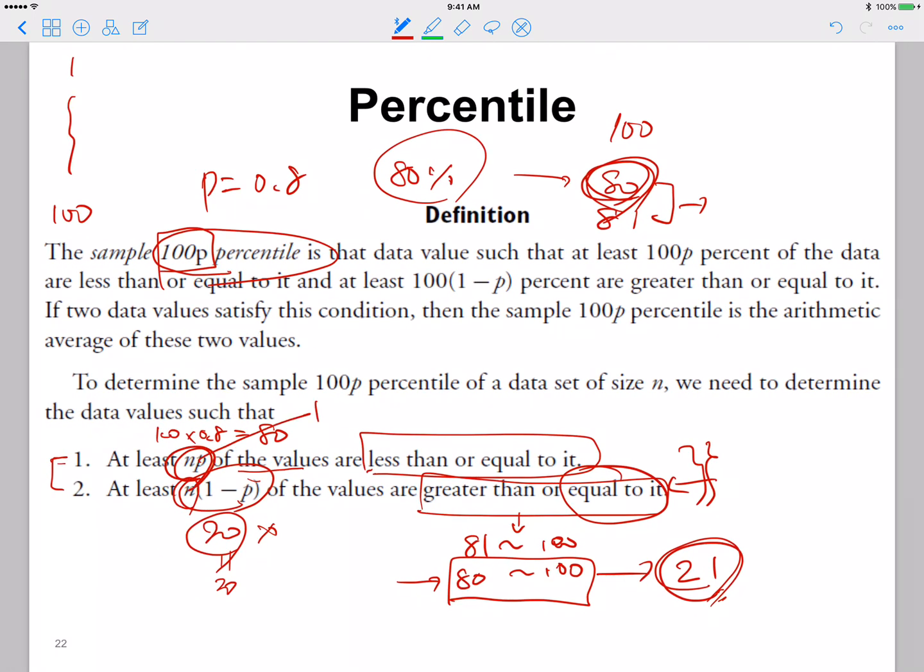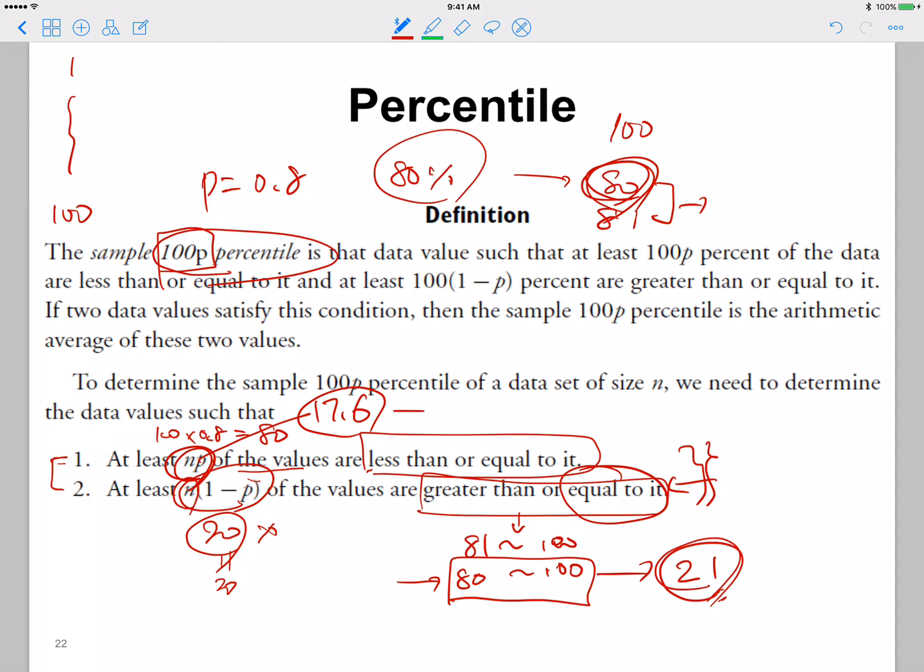So 17.6 data items should be equal to or greater than the selected number. Okay, so if we select the 17th ranked number, then we only have 17 data items that satisfy this, right? So that way we have to at least select the 18th number, right? That way we need to have at least 17.6 numbers satisfying the first condition, right?